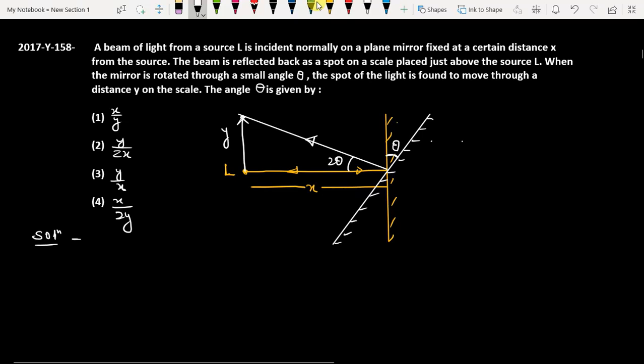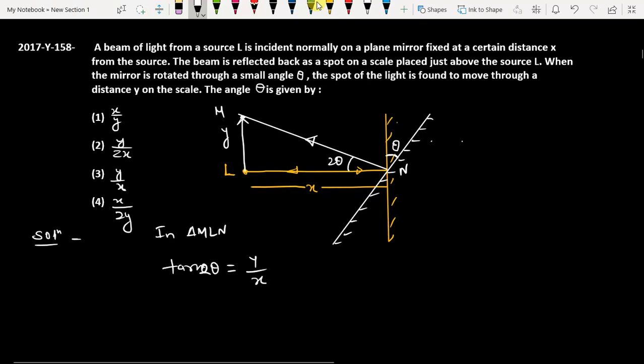Now let us take this point as M and this point as N. So in triangle MLN, what is tan 2 theta? Tan 2 theta will be y by x.